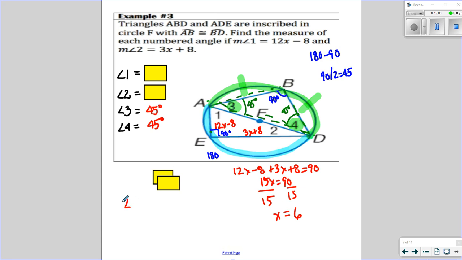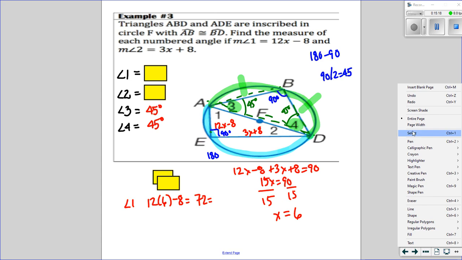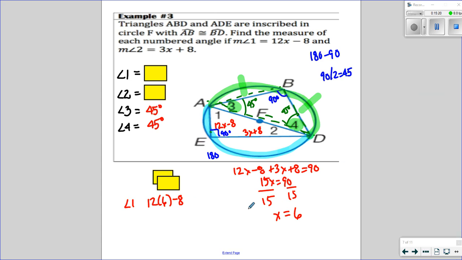So for angle 1, we got 12 times 6 minus 8. Oops, that's supposed to be a subtraction sign. So 72 minus 8 gives us 64 for angle 1, and for angle 2 we have 3x, so that's 3 times 6 plus 8.